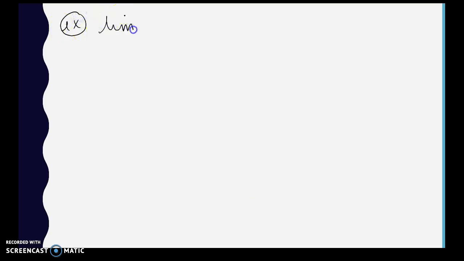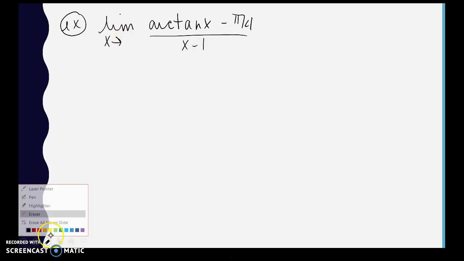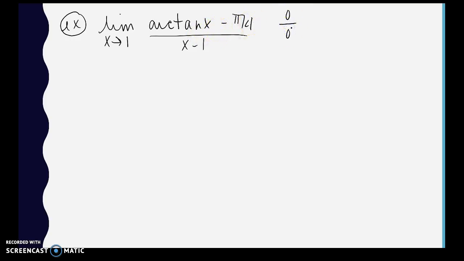Okay, limit as x approaches 1, arctan of x minus pi over 4, all divided by x minus 1. Now you do have to make sure that you get the appropriate indeterminate form, because if you don't, we have to rearrange it. So arctan of 1 is pi over 4 minus pi over 4. That would give us 0 over 0. So then we can use L'Hopital's.